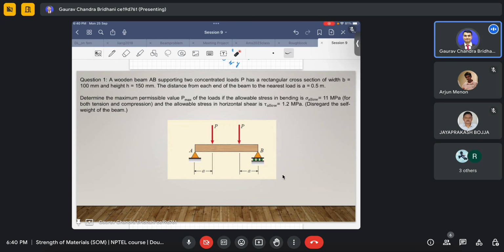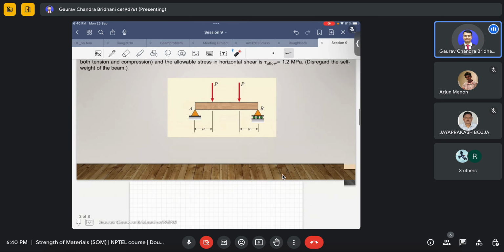It is asking for the maximum value of the load P under these allowable values. We need to analyze this to find the maximum value of P, and obviously we have to check this beam for two conditions: one is bending, another is shear. So let's start with this problem.